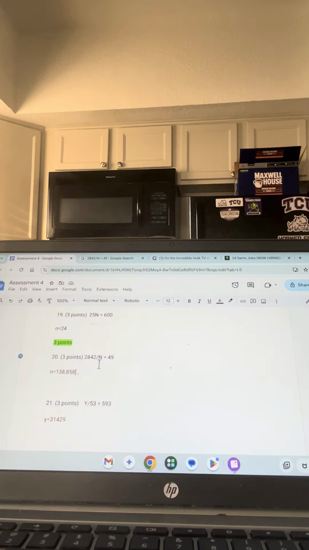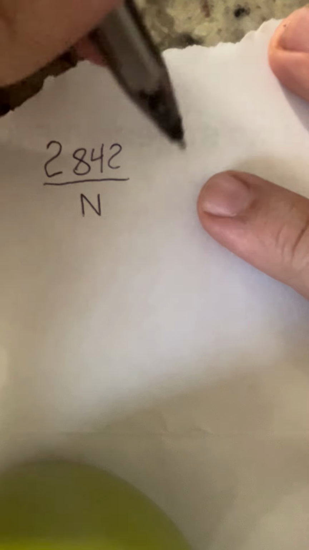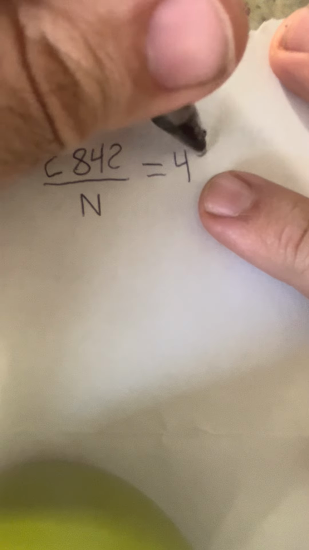Whenever you have a variable in the denominator, this is what you're going to do. I see a variable in the denominator. Let's just go ahead and rewrite the problem real quick. So I have 2842 divided by what equals 49.